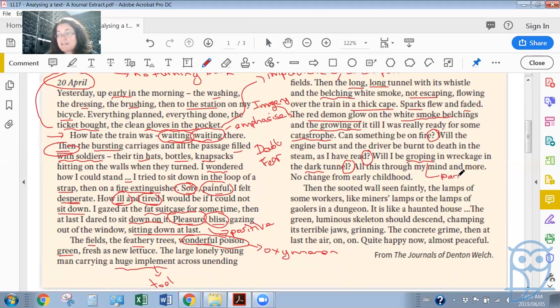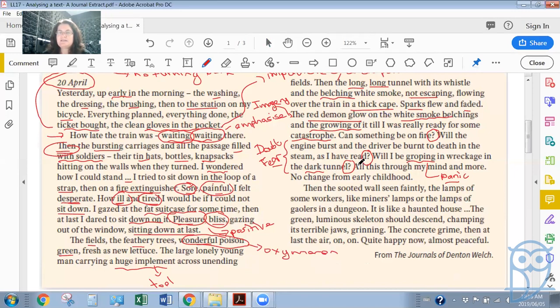And we can link this panic to fear, can't we? Also, when you grope, it suggests that you can't see anything, right? Because you're feeling for things, holding on in panic and feeling for things, groping. So you are completely in the dark, and yes, panic. So very, very negative ideas coming through this questioning.